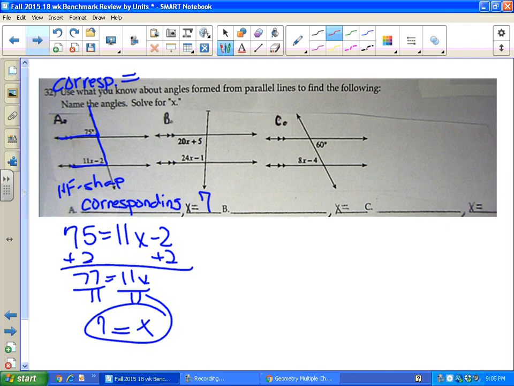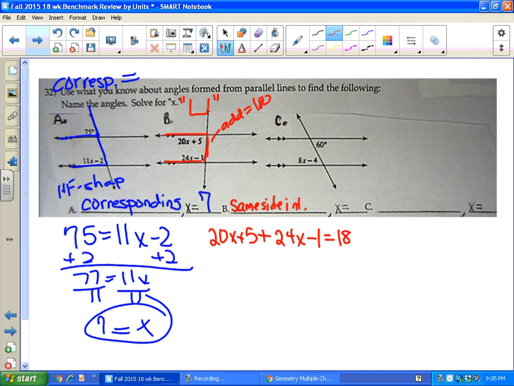Okay, the next one. If I trace this angle and I trace the other angle, I get the U shape. Those are same side interior angles. They're in between the lines on the same side of the transversal. Solve for x. This time I'm going to have to add to 180. So I'm going to say the 20x plus 5 angle plus 24x minus 1 equals 180.